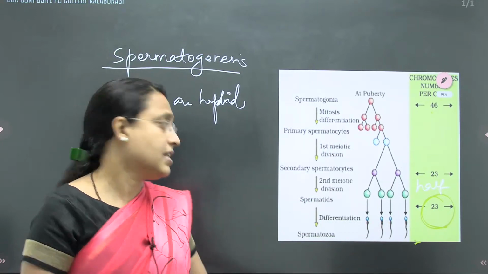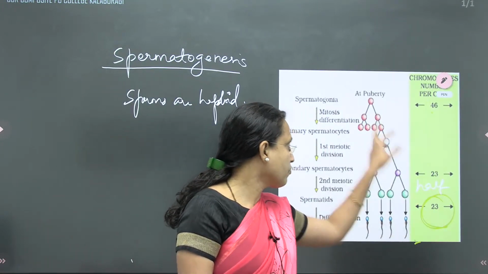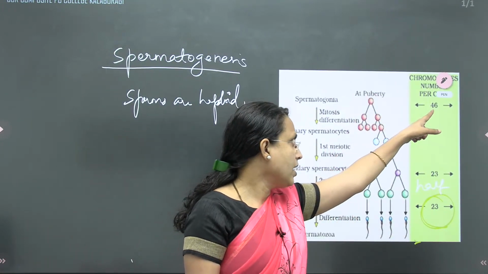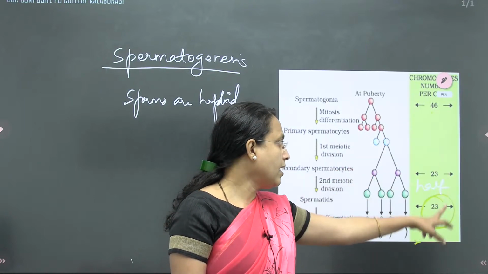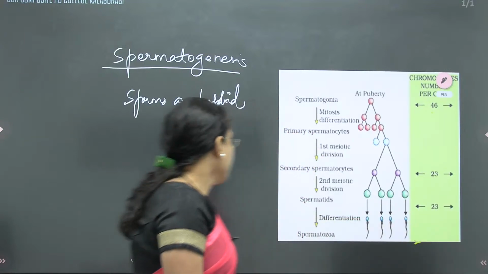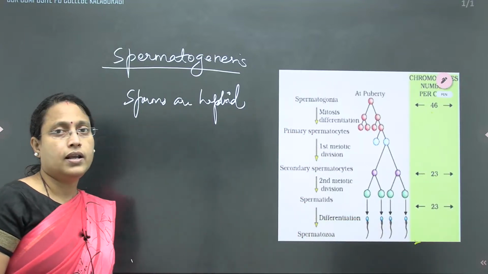Instead of 46, it is 23. The body cells have the full number, that is 2n, and the sex cells have n. So diploid and haploid. Sperms are haploid.